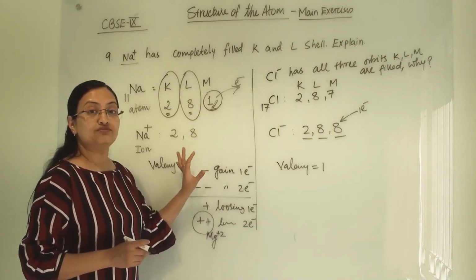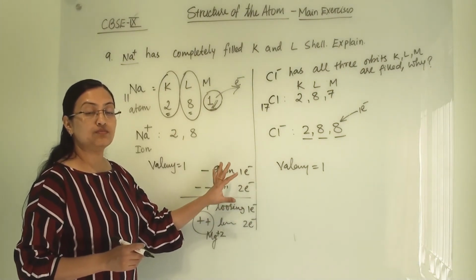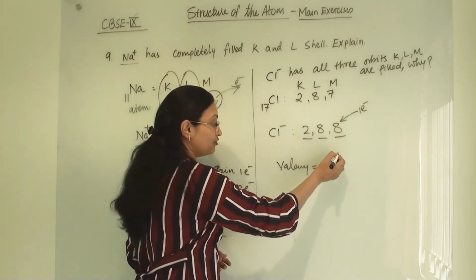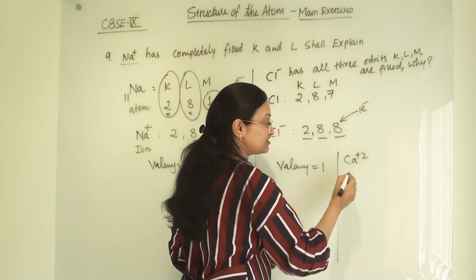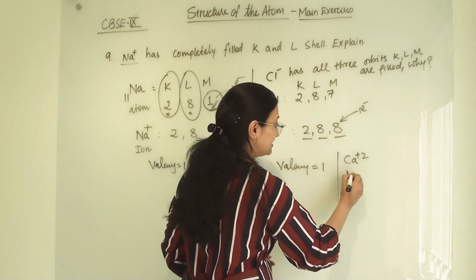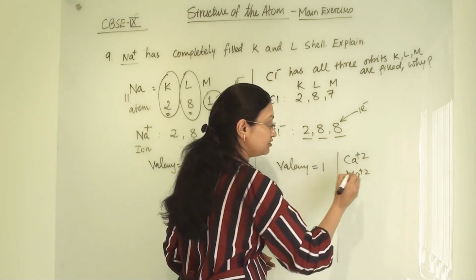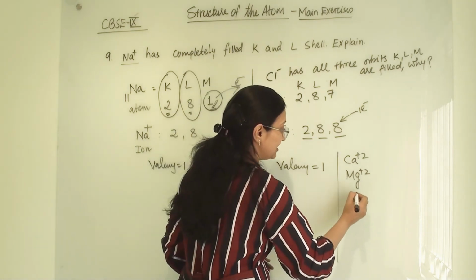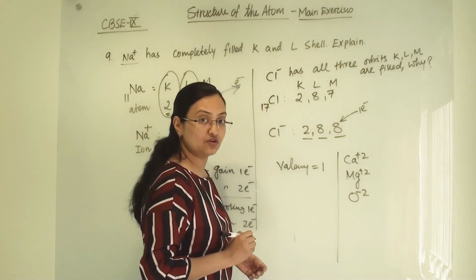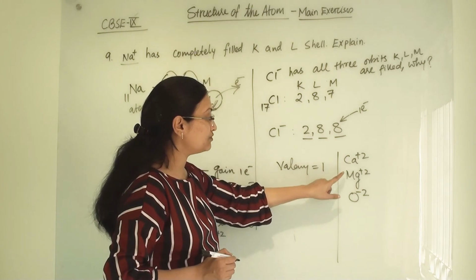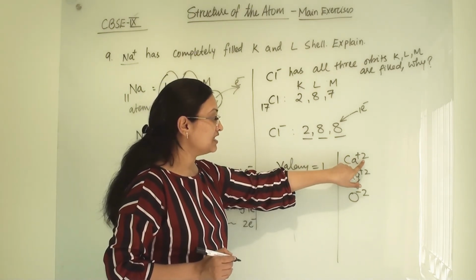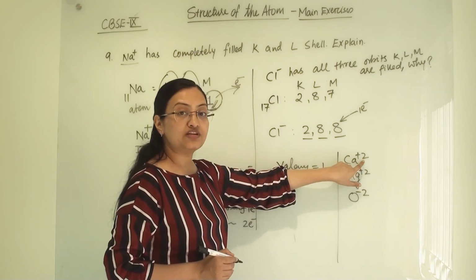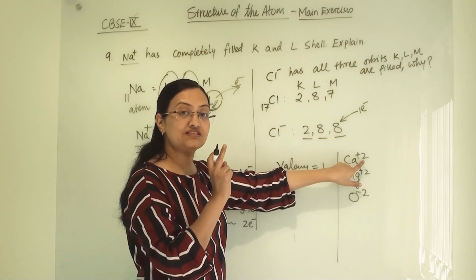With the help of this knowledge, you will now be able to write the answer for all these ions. Like Ca2+ has all the orbits filled, Mg2+ has all the orbits filled, and O2- has all the orbits filled. You only need to first write the electronic configuration, then see which charge has developed or is written on it.